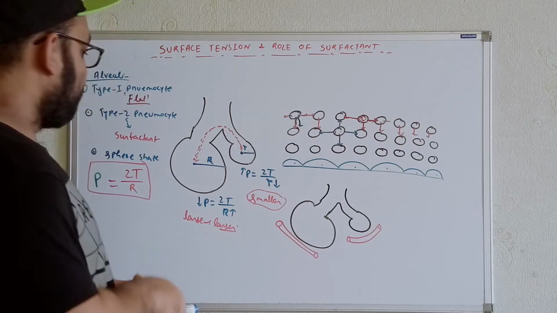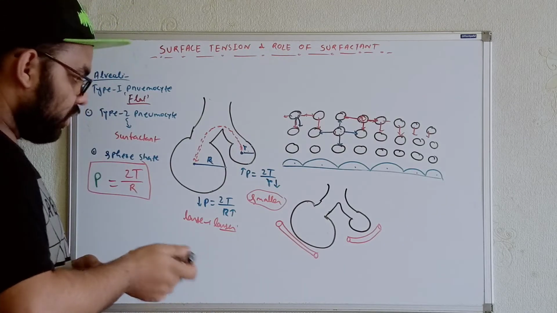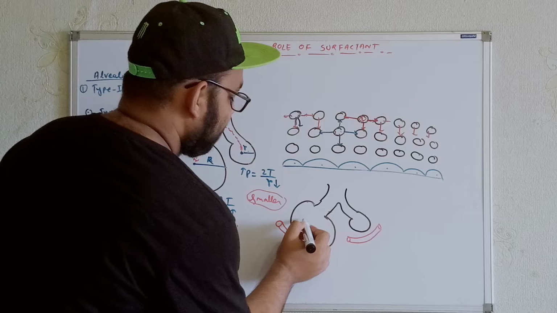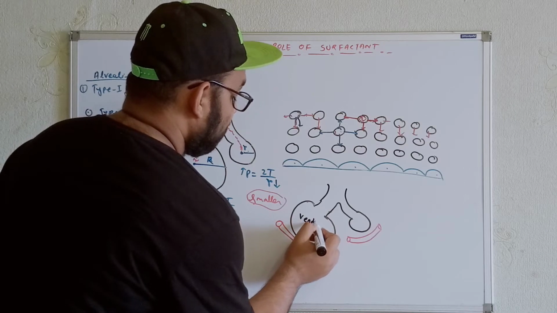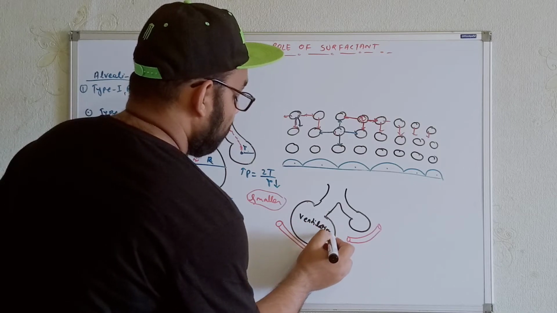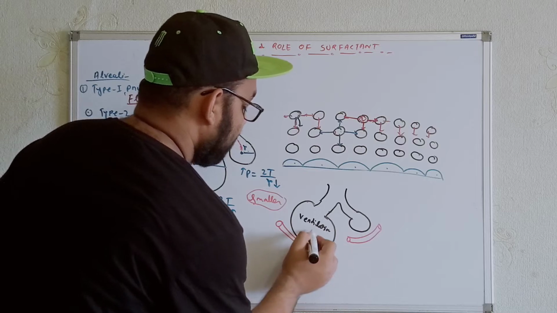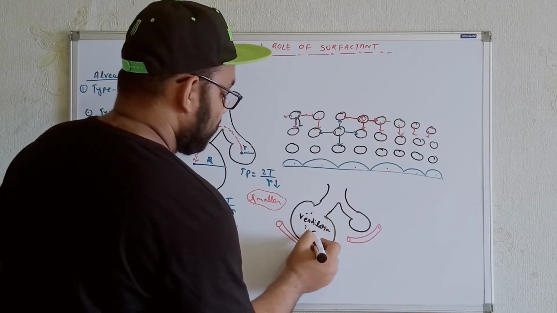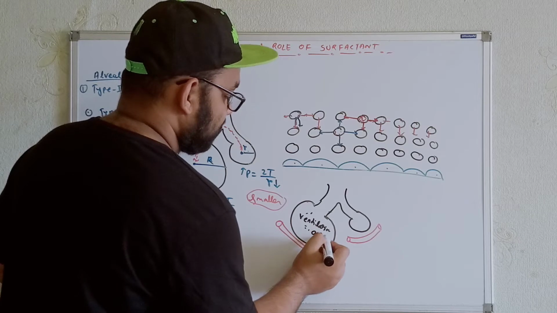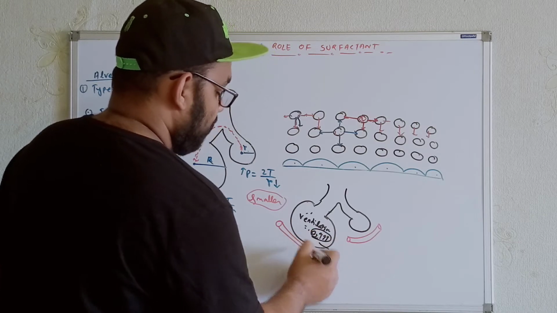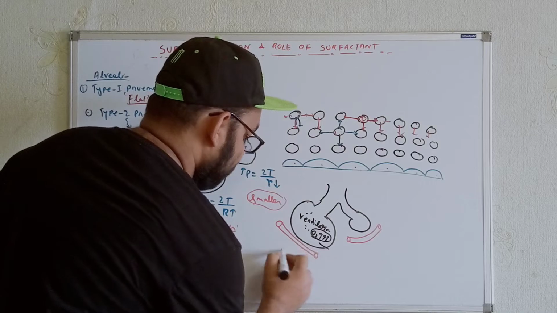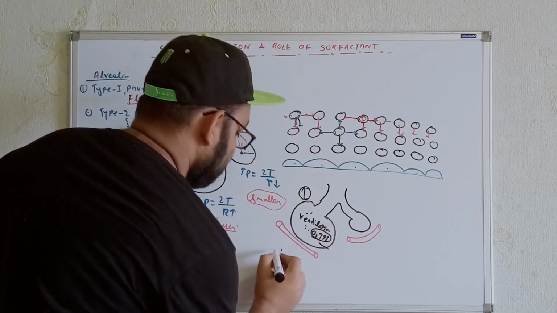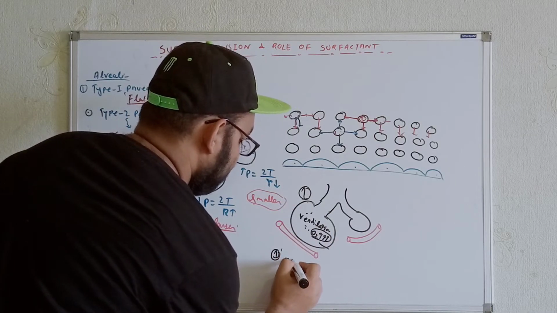Here definitely the ventilation will be more, we can say over ventilation, because more air will come over here. So we get more oxygen. In these cases, for example, I'm just considering this one, in the fast cases we get over ventilation.